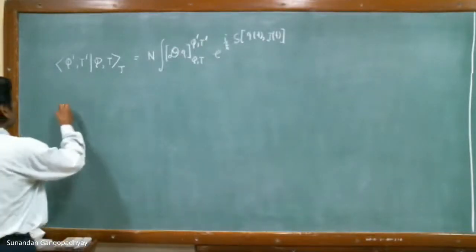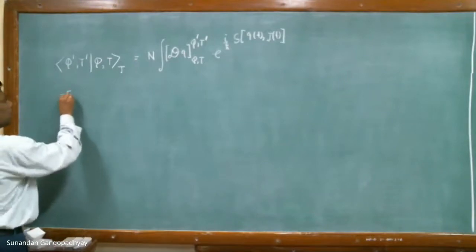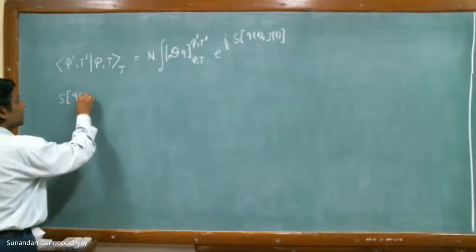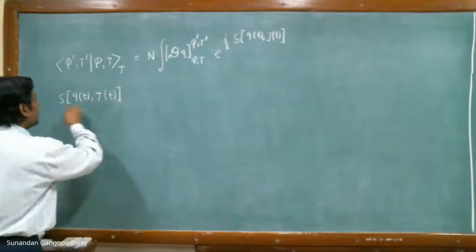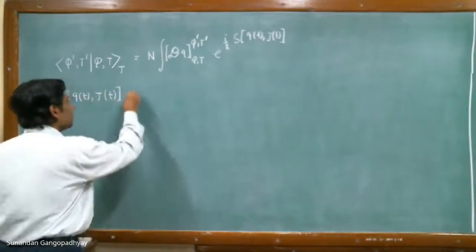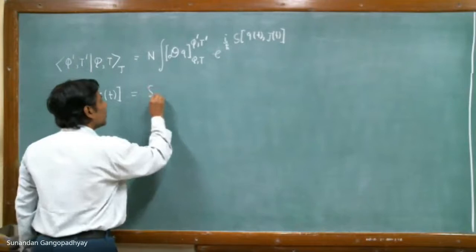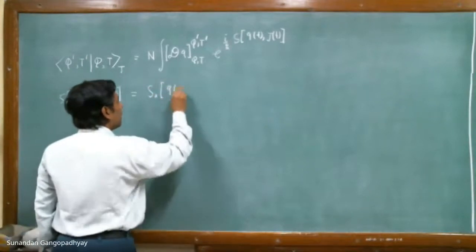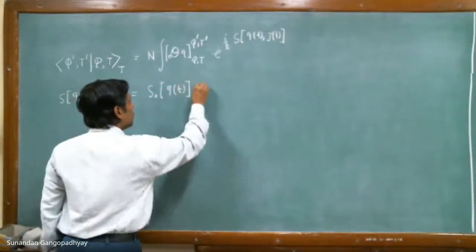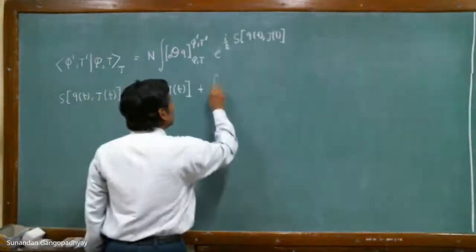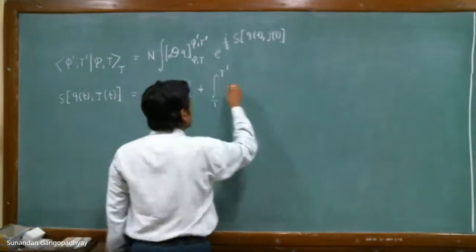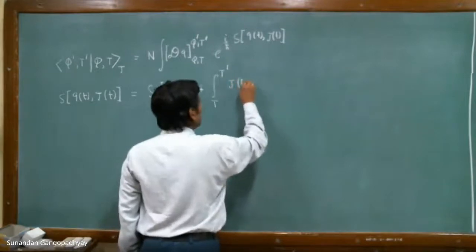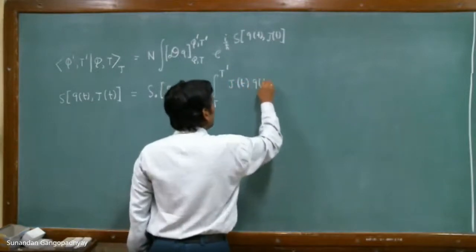And now we also know that we had defined in the previous lecture this action in the presence of the source as S naught, integral of T to T prime, plus J(t) Q(t).